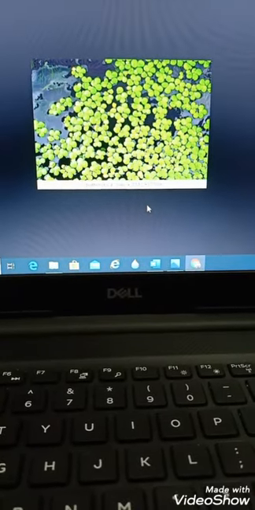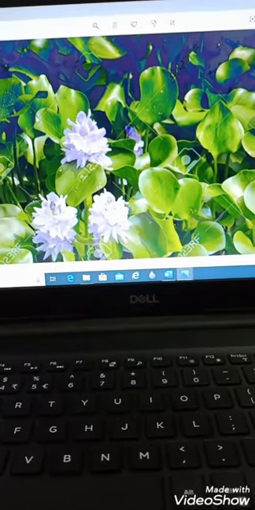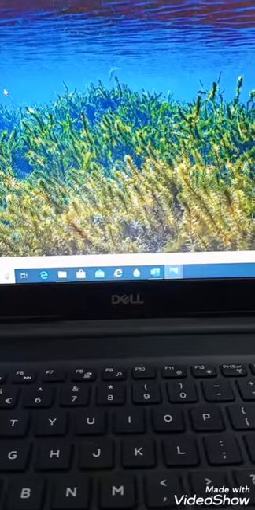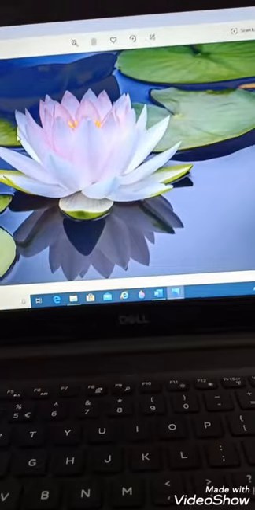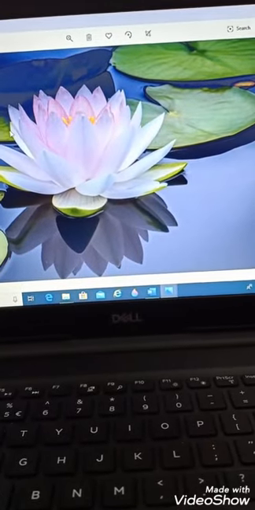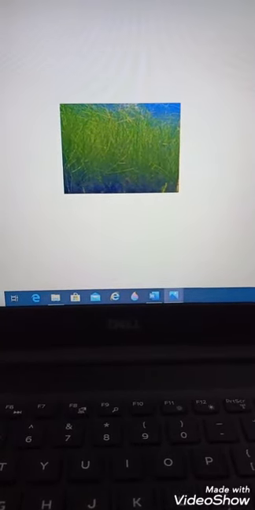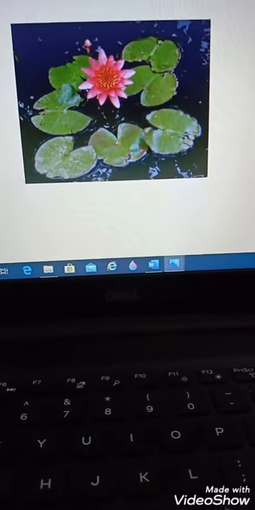Just have a look. These are duckweeds. These are hyacinth, hydrilla, lotus. This is pondweed, water lily.